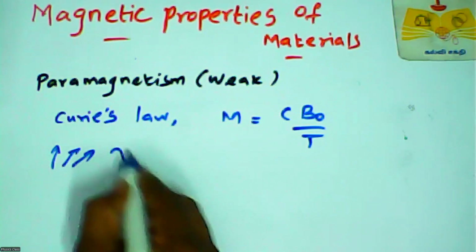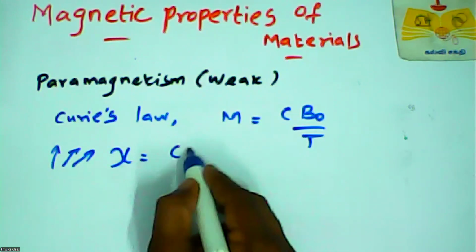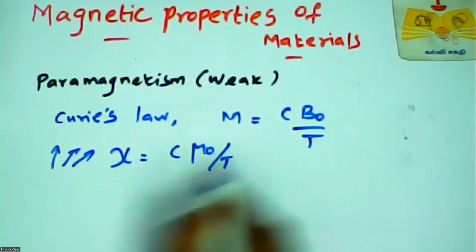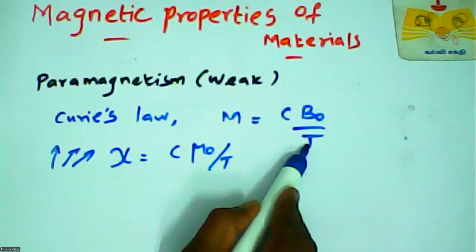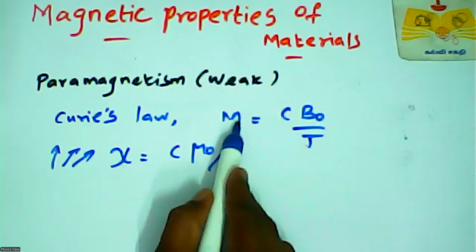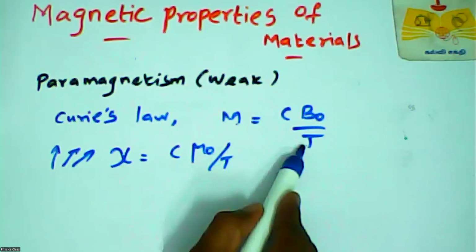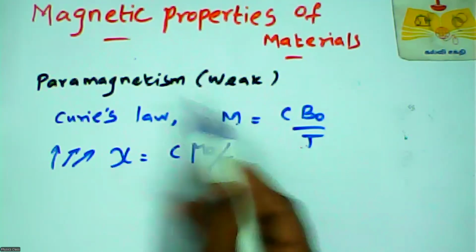So chi equals C times mu naught by T. Magnetization is inversely proportional to temperature, so if you increase the temperature, magnetism weakens.